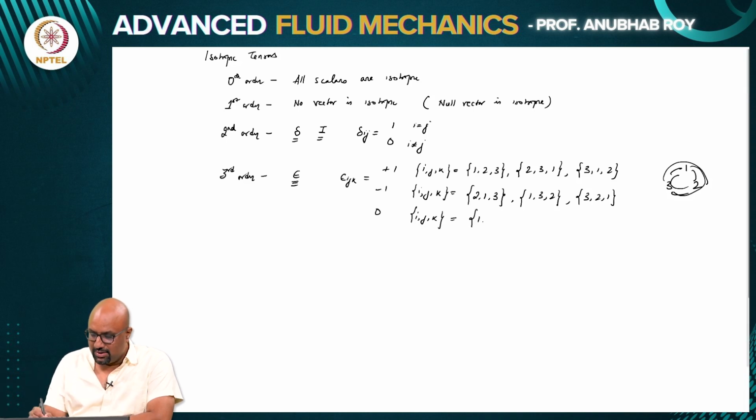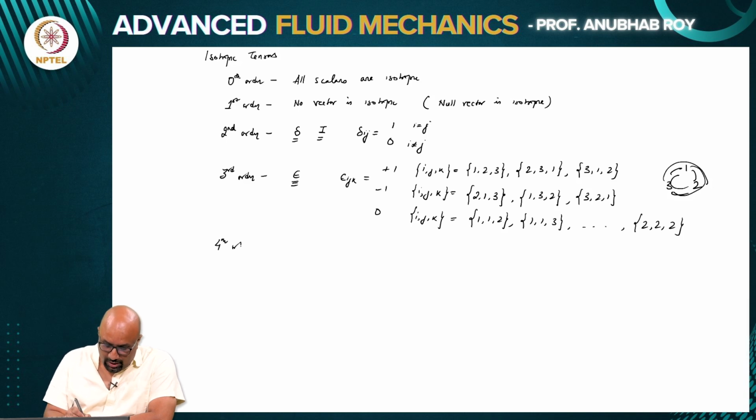So, repeated indices could be 1, 1, 2, 1, 1, 3, and you could also have all the 3 indices being the same. So, all combinations of indices where at least 2 indices are repeating give me a value 0. So, that is basically revising what the definitions are for the permutation symbol. So, that is your third order isotropic tensor.